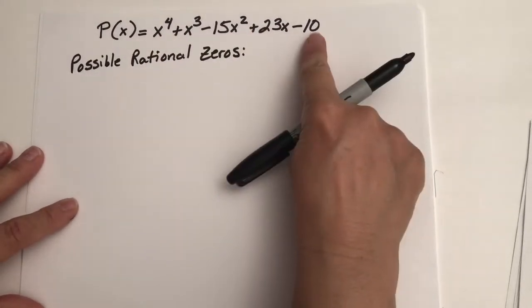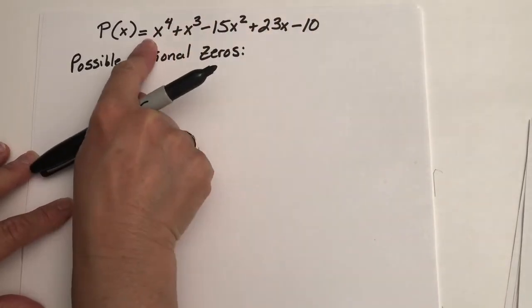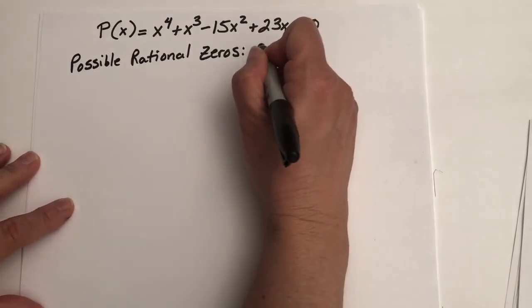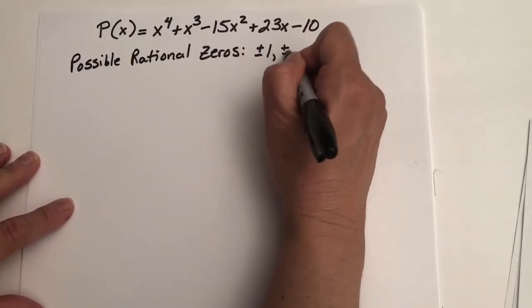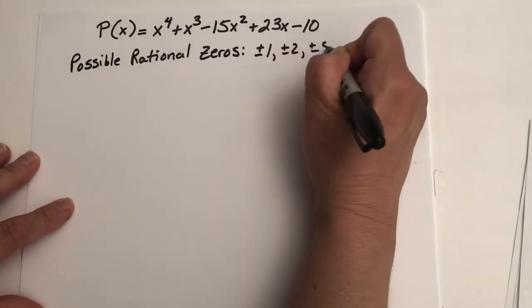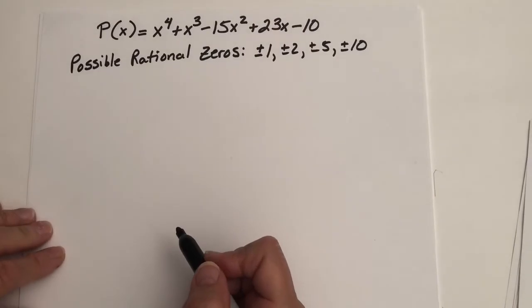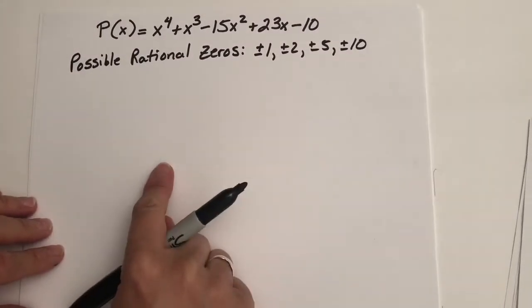Any number that is a factor of 10 over a number that is a factor of 1. That's kind of nice. So the possible rational zeros are plus or minus 1, 2, 5, and 10. And we can start with any number we like.